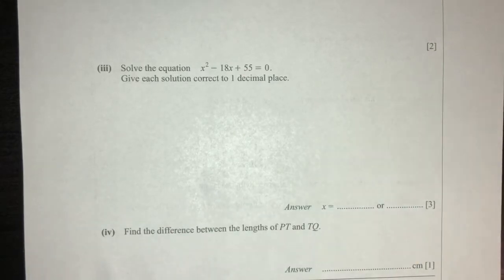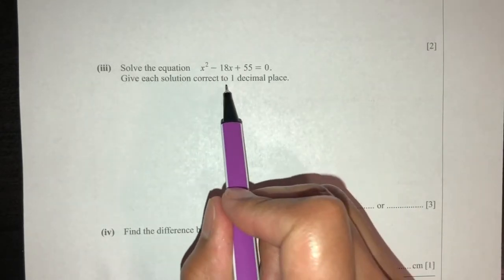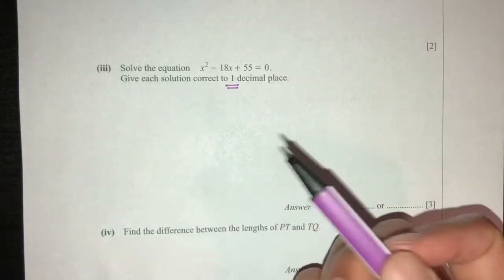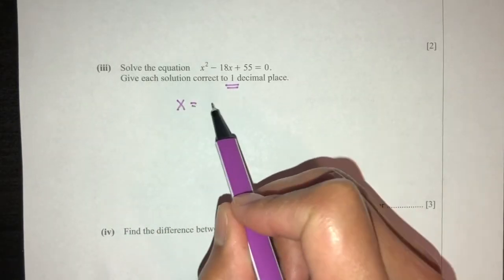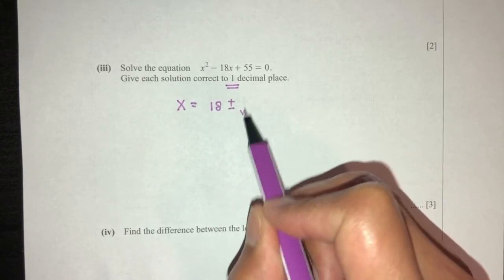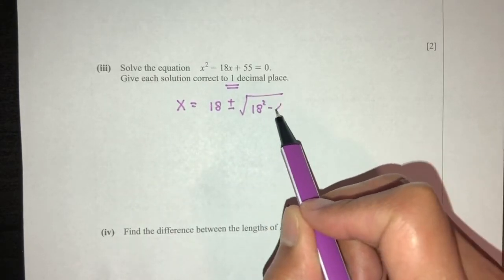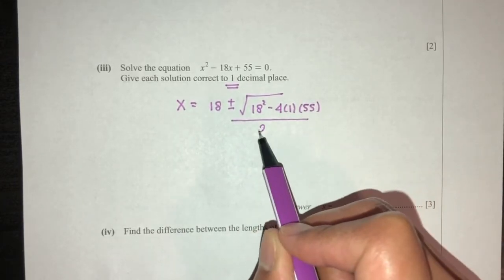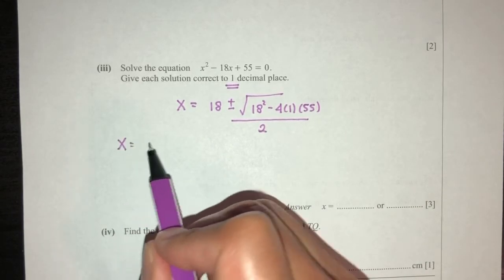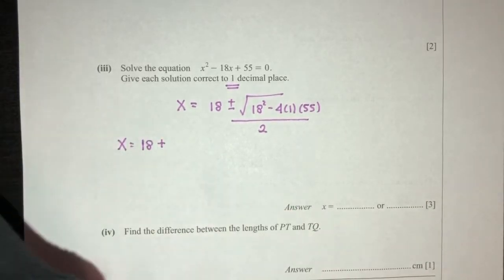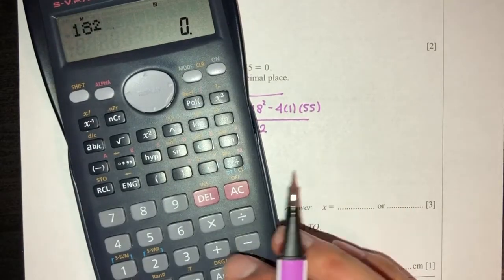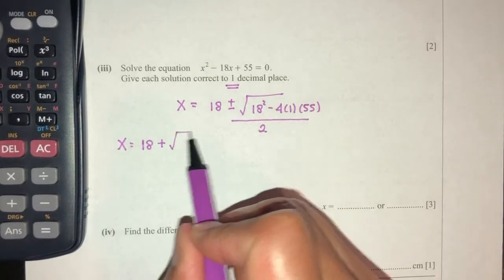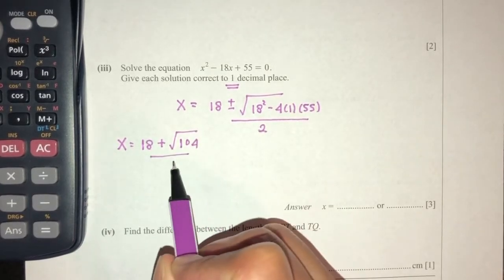Now for part 3, solve this equation correct to 1 decimal place. Let's do that. We have to use the formula: x is equal to minus b plus or minus the square root of b squared minus 4 times a times c, divided by 2a, which is 2. The first value will be 18 plus the square root of 18 squared minus 4 times 1 times 55, that is root of 104, divided by 2.